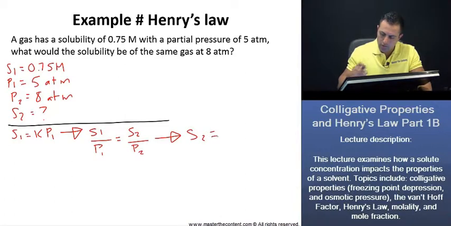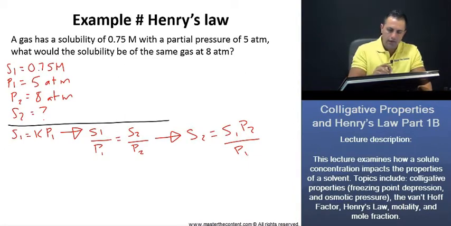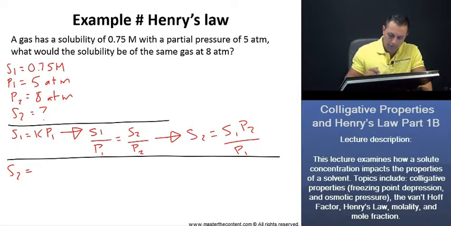we end up with the following equation, where we have the partial pressure at 8 atmospheres over the partial pressure of the initial solubility. Now, let's go ahead and fill in our values and see what we attain here. I'll just cross this out, that way it doesn't get confusing for us.